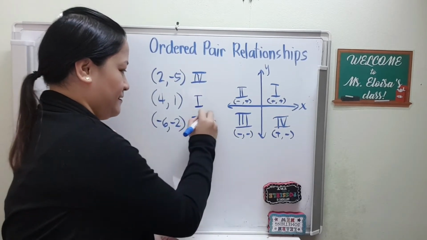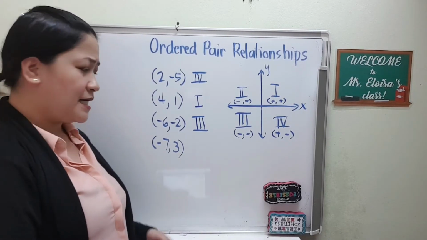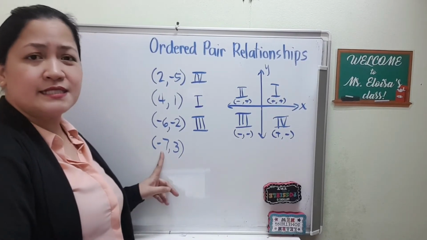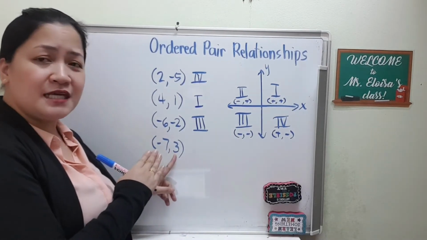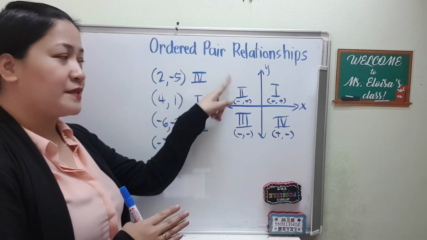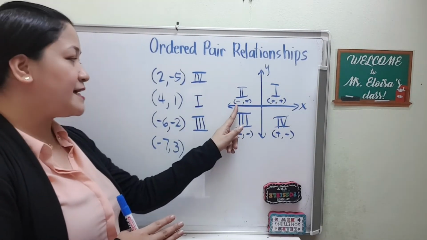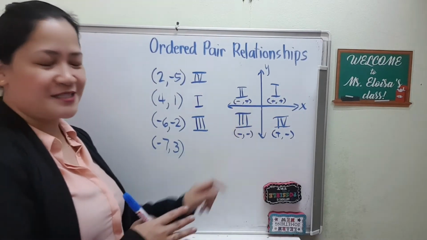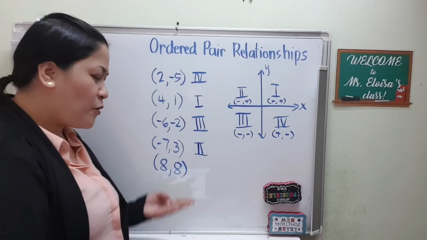Now, let us see where negative 7, 3 is located. Negative 7, that's to the left of the origin, and then positive 3, that's going up. So to the left and then up. That means it is in quadrant 2. And as you can see, the signs are negative, positive. How about 8, 8?